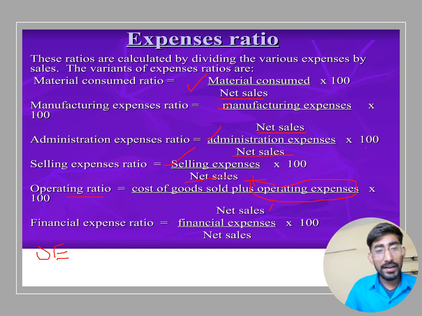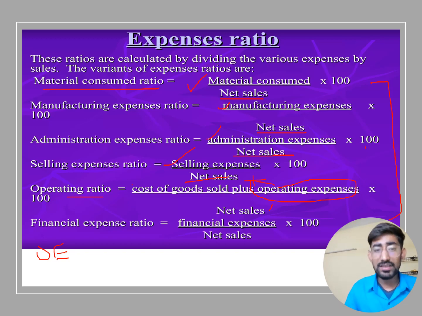The next one is the financial expenses ratio. This is just like the previous one: the financial expenses divided by net sales into 100. These ratios are very easy to remember. Just go with their names: material consumed ratio is material consumed by net sales into 100, manufacturing expenses ratio is manufacturing expenses by net sales into 100.